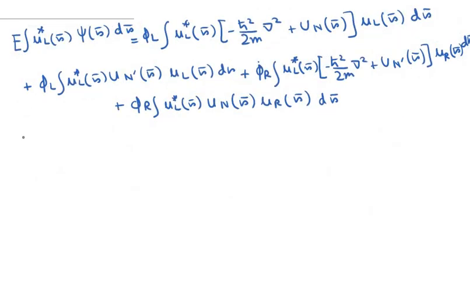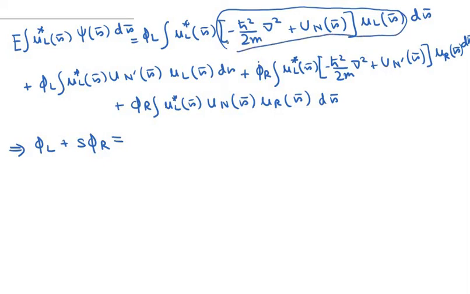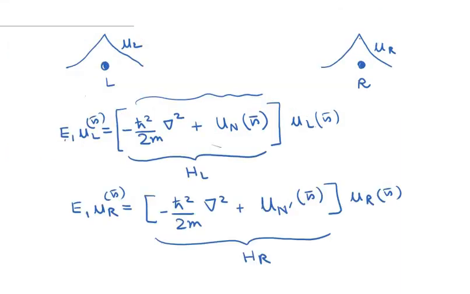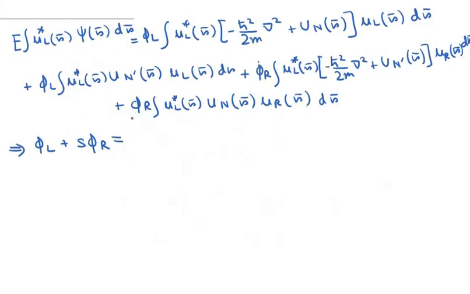Okay. So this left term is basically equal to phi L plus S phi R. Now this part, just as I said, is the Hamiltonian of the left isolated atom. So this entire thing is equal to E1 times ULR, just as we noted in the previous page, that this entire part is equal to E1 times ULR. Okay, so let's go back to the original page.